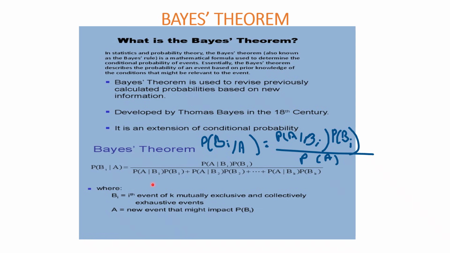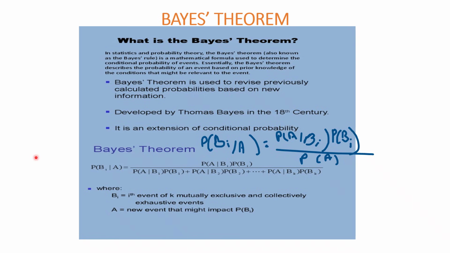First of all, P(A given B1) into P(B1) plus P(A given B2) into P(B2) plus and so on, P(A given Bk) into P(Bk). If there are n partitions, then P(A given Bn) into P(Bn) will be there. Where Bi is the ith event of the k mutually exclusive and collectively exhaustive events, and A is the new event that might impact the probability of happening of the Bi event.